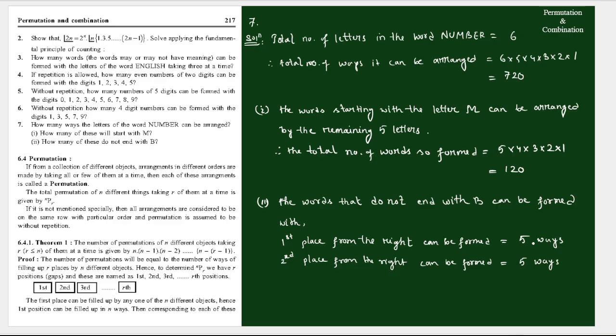Since one has been taken, the second place will also be 5. Then the third place from the right can be formed in 4 ways. 6 places are there.